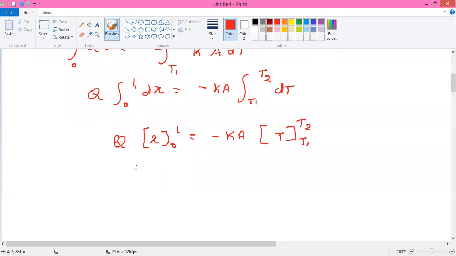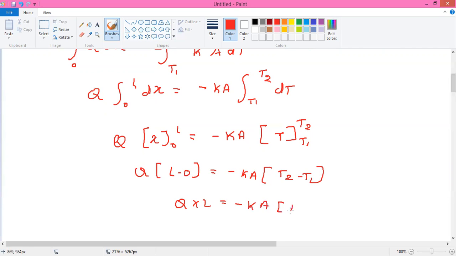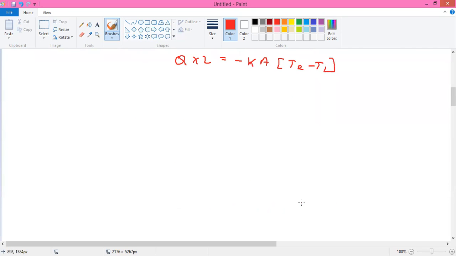So Q into L minus 0 equals minus KA times the final minus initial temperature, that is T2 minus T1. Finally we find the heat transfer rate: Q equals minus KA (T2 minus T1).